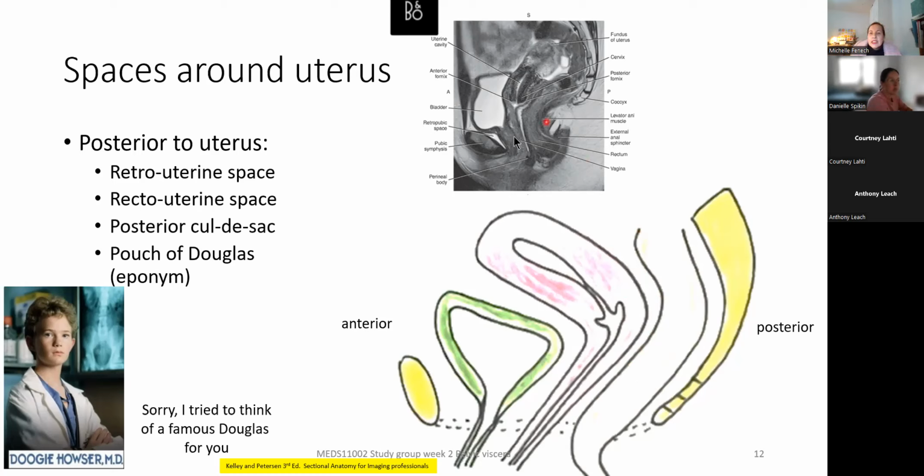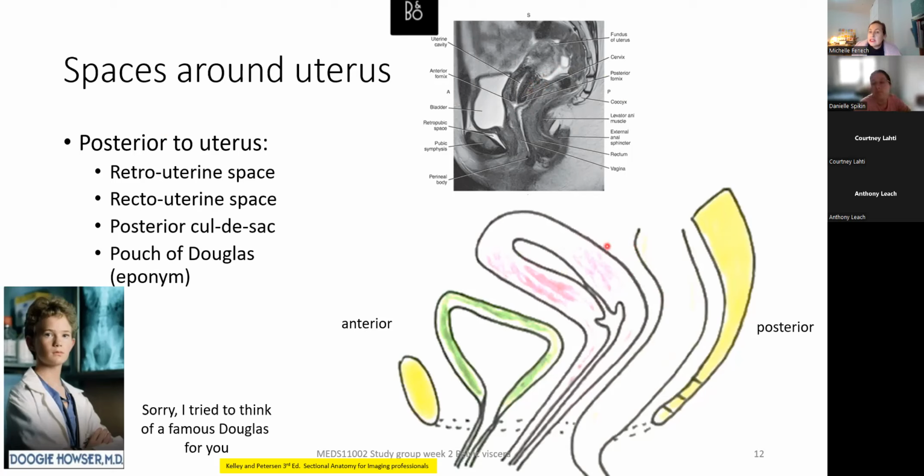So let's have a look and see if we can see this pouch of Douglas or rectouterine or retrouterine space. So here's our uterus. This is anterior and this is posterior. Here we have bowel, so it's going to be sitting immediately posterior to the uterus in here on the image. The reason this space is really important is, say someone has endometriosis or something like that and they've got bleeding that's happening outside their uterus.